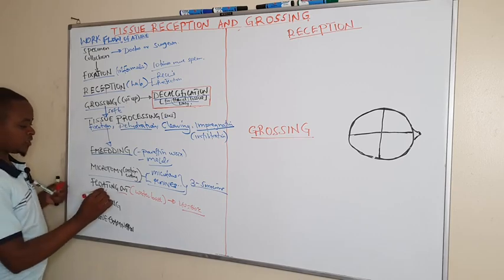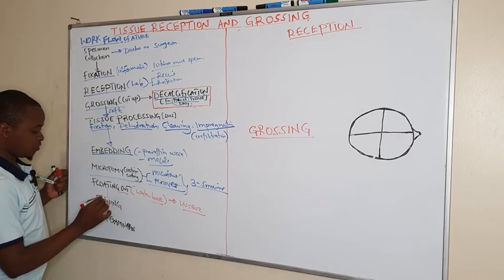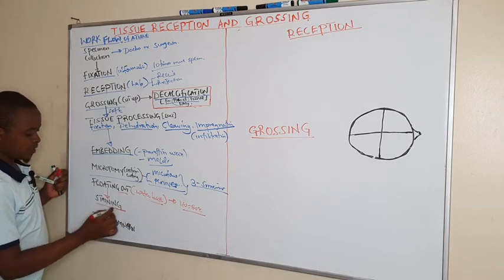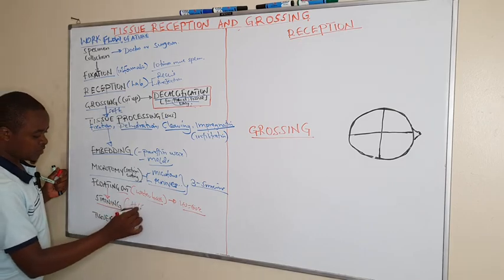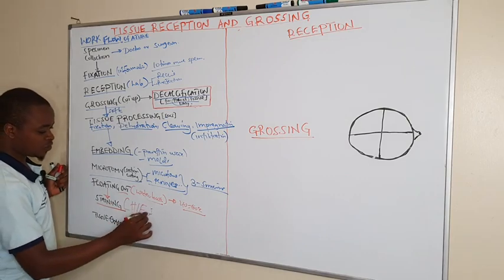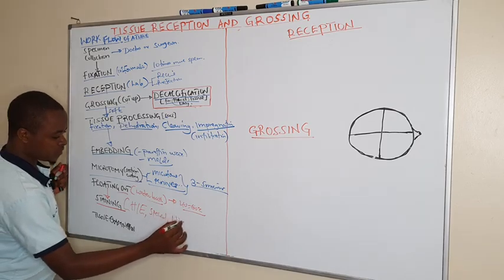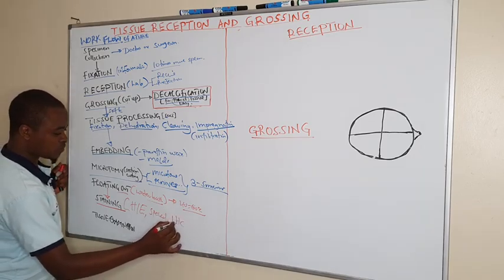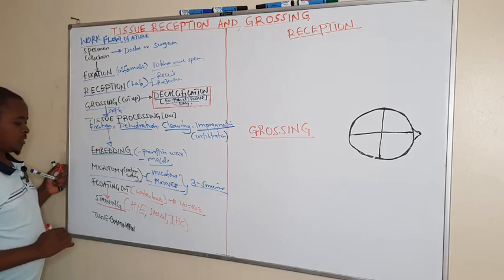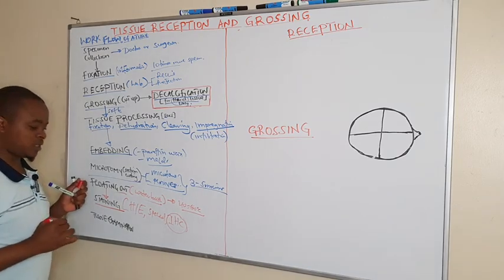And after floating out in a water bath, we now do what we call staining. We mount on the slide and we stain either using H&E, that is hematoxylin and eosin, or we can stain using special stains, or we can even perform IHC, that is immunohistochemistry, using the immunohistochemistry technique.